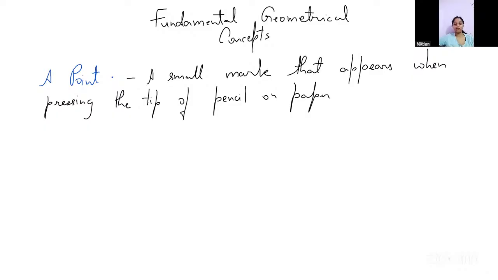Remember last year how much we laughed about point A? Yes, we loved a lot about point A. Okay, a point, which is point A. This is called a point.